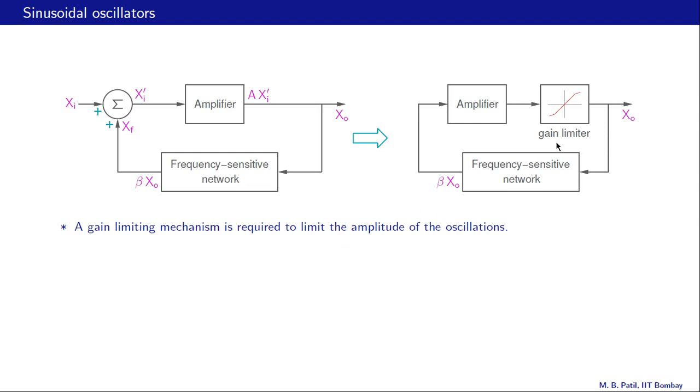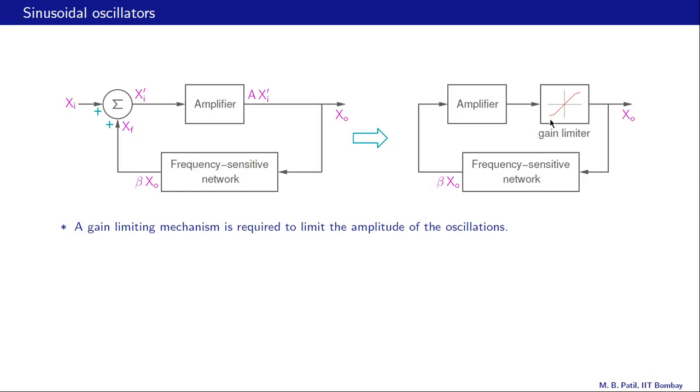Here is a schematic diagram showing gain limiting. What do we have here? We have the Vo versus Vi relationship indicated in this graph. Let's say this is our Vi and that is our Vo. In the central part, we have a slope of 1, and here the slope is smaller.